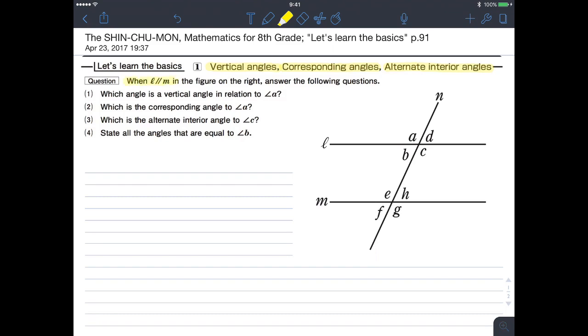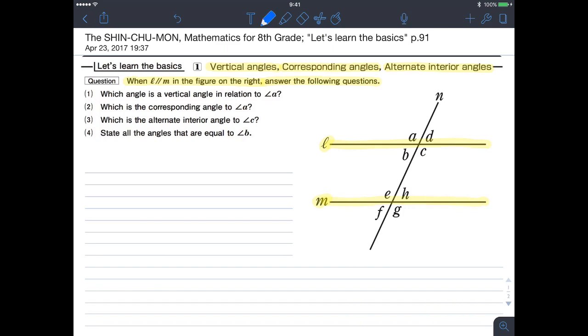When L is parallel to M in the figure on the right, answer the following questions. Now before we answer these questions, let's take a closer look at the figure. We know that L and M are parallel because that is given in the problem.